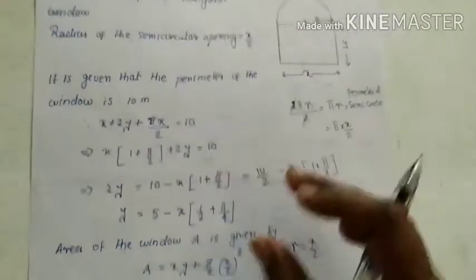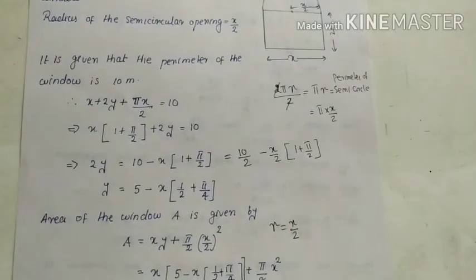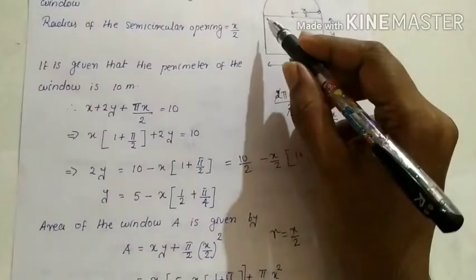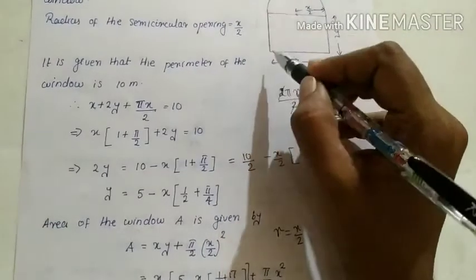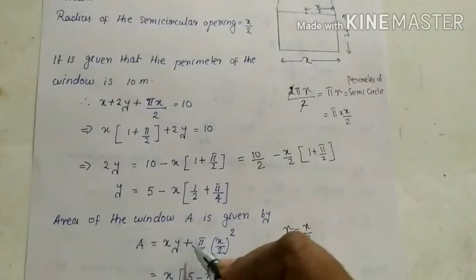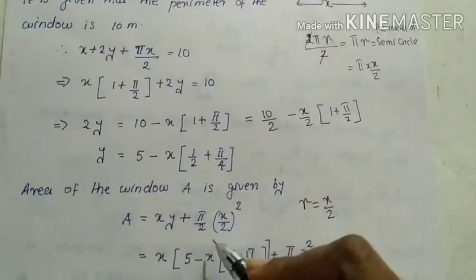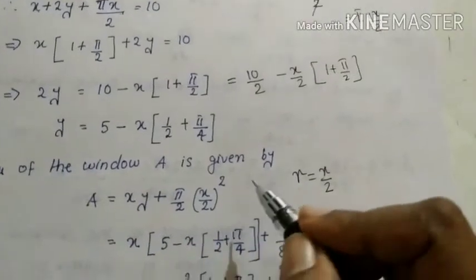So the area of the whole window is the area of this rectangle, that is xy, plus the area of the semicircle, that is pi by 2 into x by 2 the whole square.